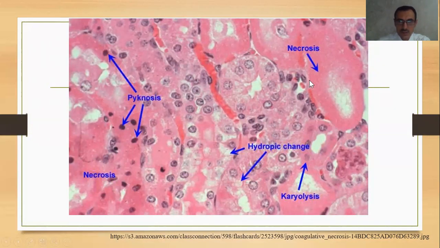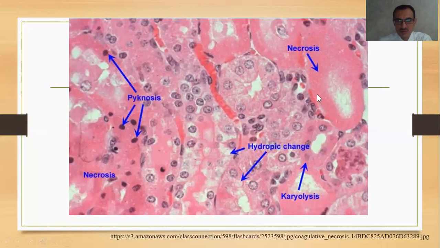Here we see no cellular structures in comparison with the normal cells. Here you can't find any nucleus, any cell borders, any cytoplasmic structures. So as medical students, you have to differentiate the normal cellular structures, normal cells, from the necrotic structure.